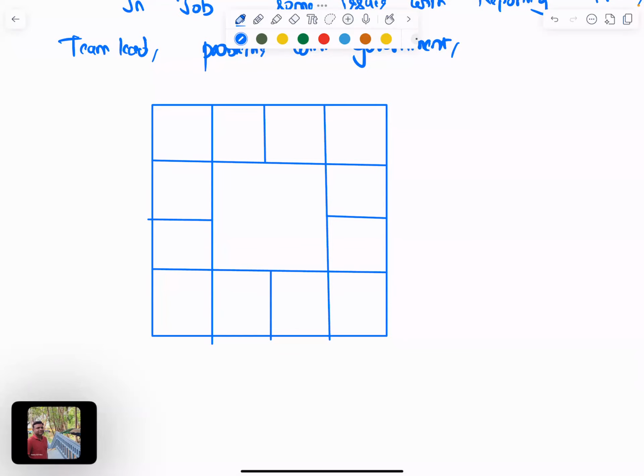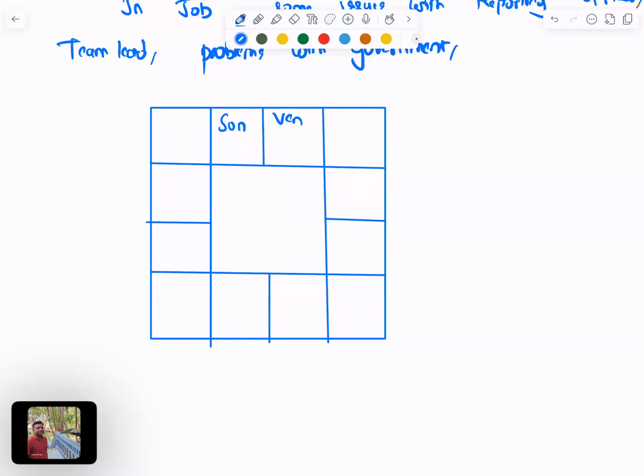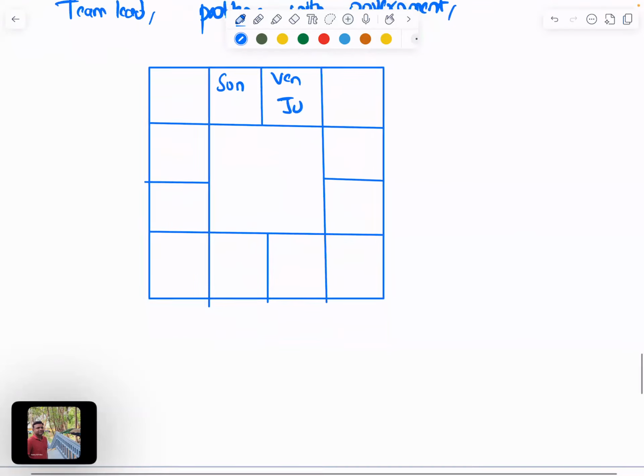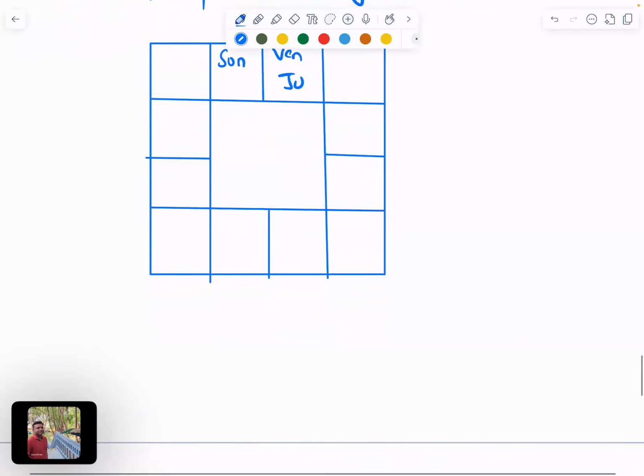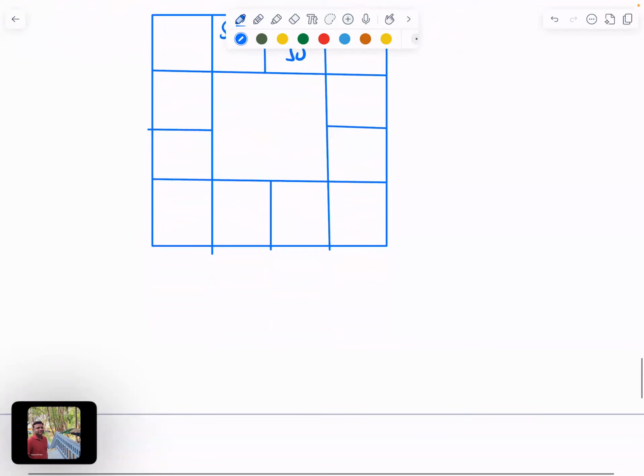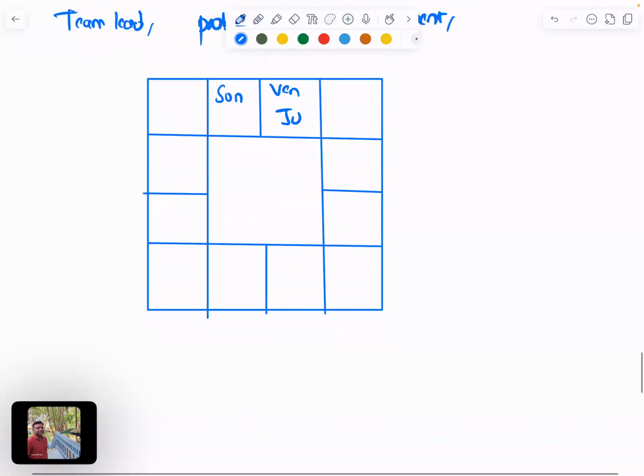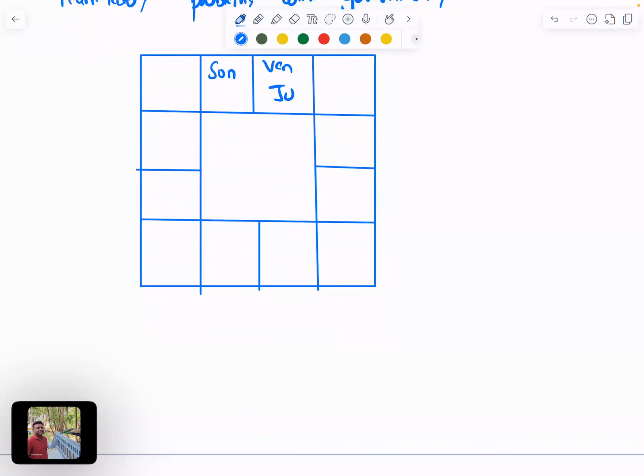For the same Sun, in the second house, either there is Venus or Jupiter, and now Saturn is progressing. Now the result will be different. Here, instead of giving him the problem, it will give him a promotion.